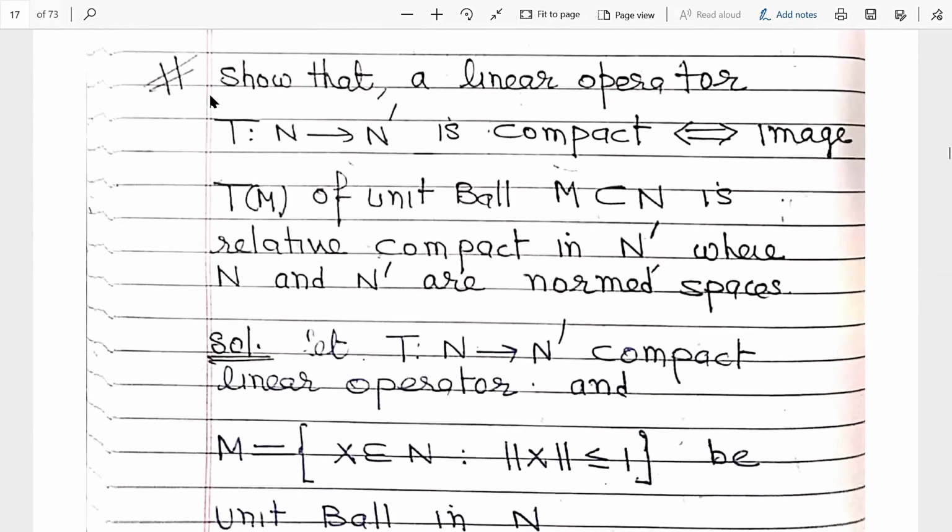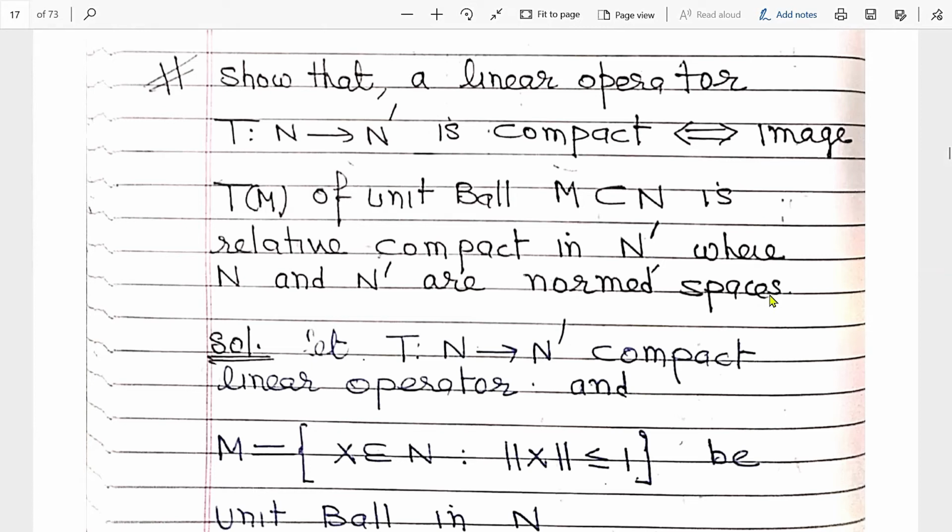Now the next theorem: show that a linear operator T, that is a linear transformation T from N to N dash, is compact if and only if the image of the unit ball M is relatively compact in N dash, where N and N dash are normed linear spaces.